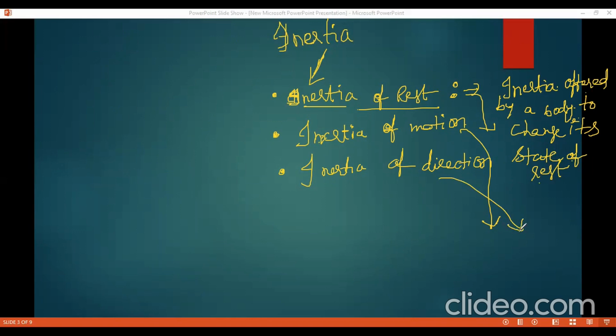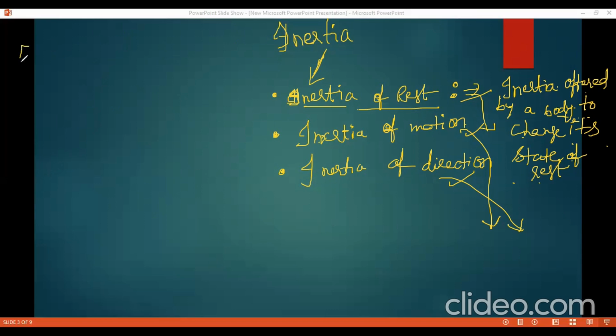Whereas inertia of direction is in the same way: the inertia offered by a body to change its direction of motion can be called inertia of direction. Got it? Inertia of rest, inertia of motion, and inertia of direction. These three. Now we observe some examples regarding this.